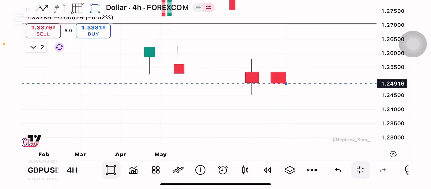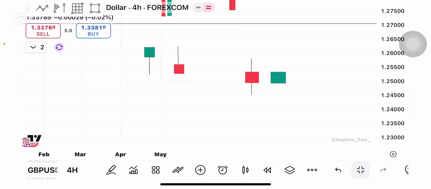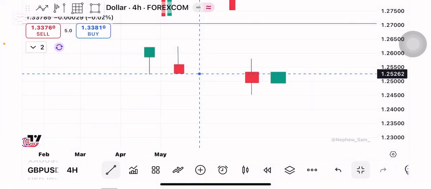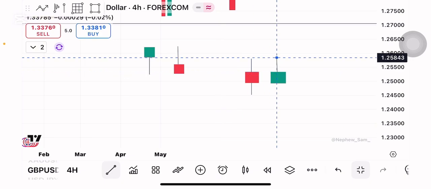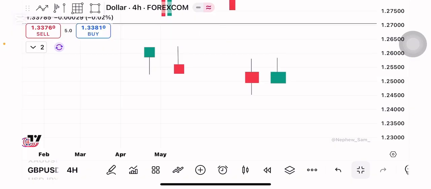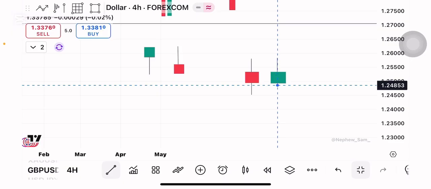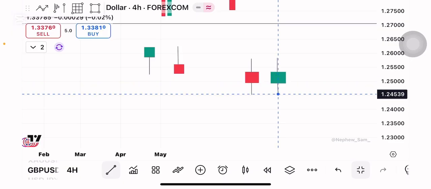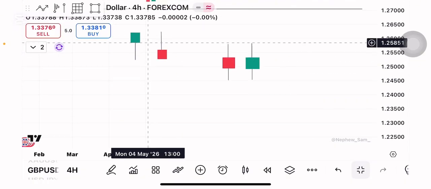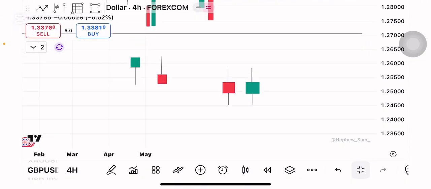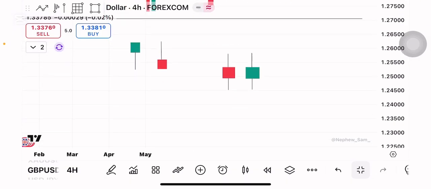You can take note of all this: spinning top, bullish. So this is our spinning top. This is a hammer or pin bar, and these are engulfing bars. So these are the major candlestick patterns we use.